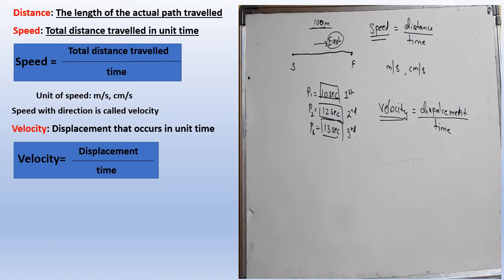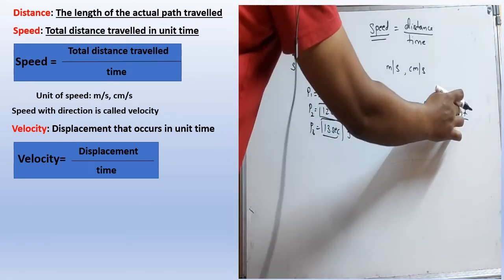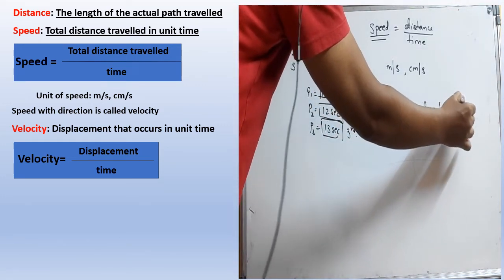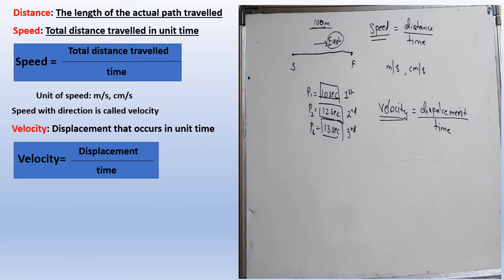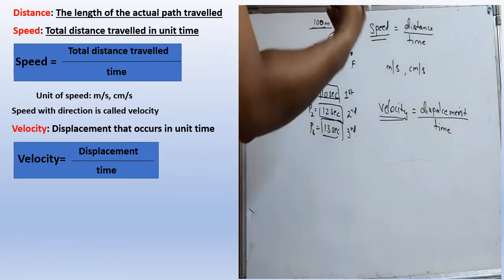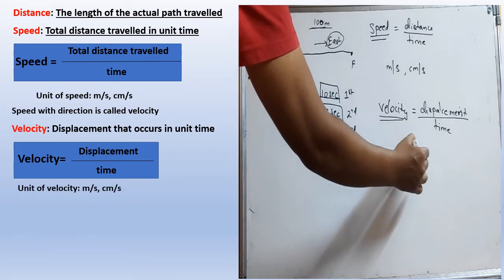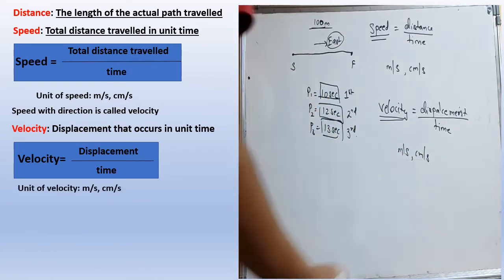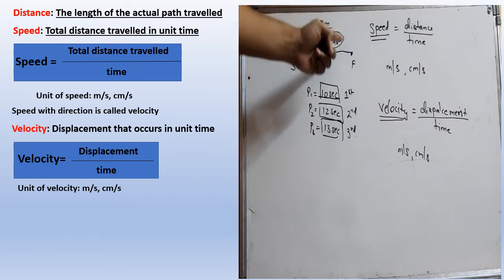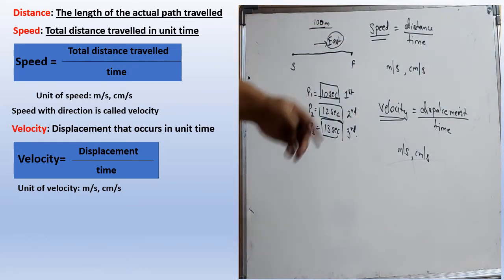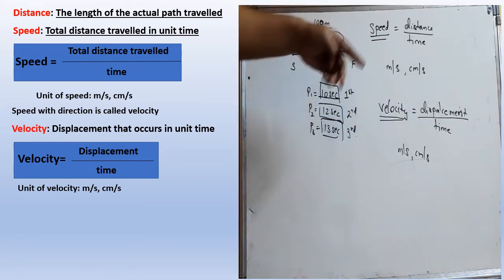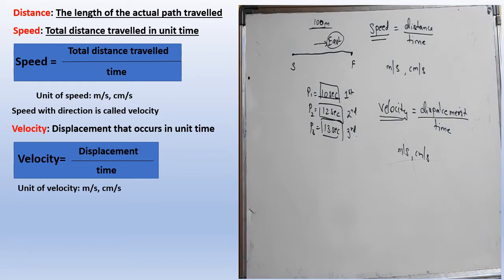The unit for velocity is again meters per second or centimeters per second. Students, velocity and speed are connected. Velocity is nothing but speed with direction.